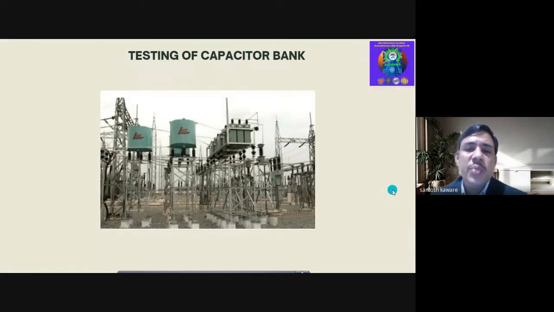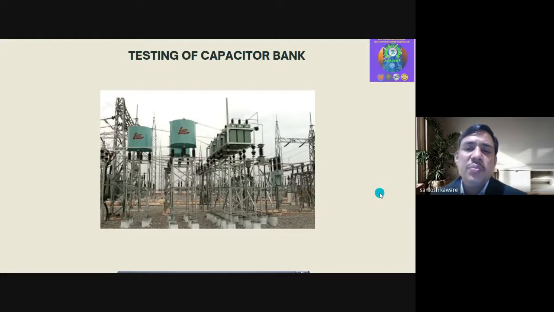Then we have capacitor banks. Generally, capacitor banks are used at the distribution side, especially for power factor improvement and reactive power compensation. And there should be testing of these capacitors also.